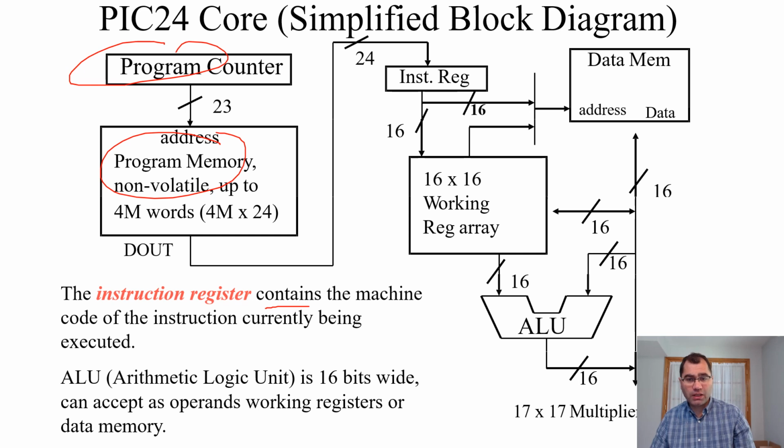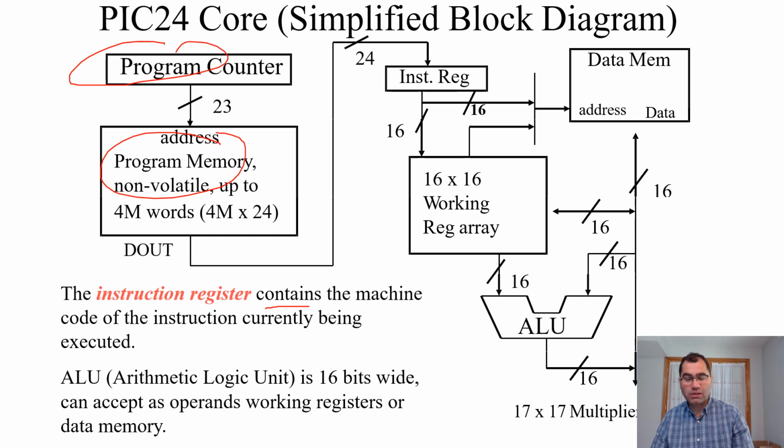And then we have the ALU. I guess all of you know by now what ALU means. It stands for Arithmetic Logic Unit. It's 16 bits wide and can accept as operands working registers or data memory. And here we have data memory.